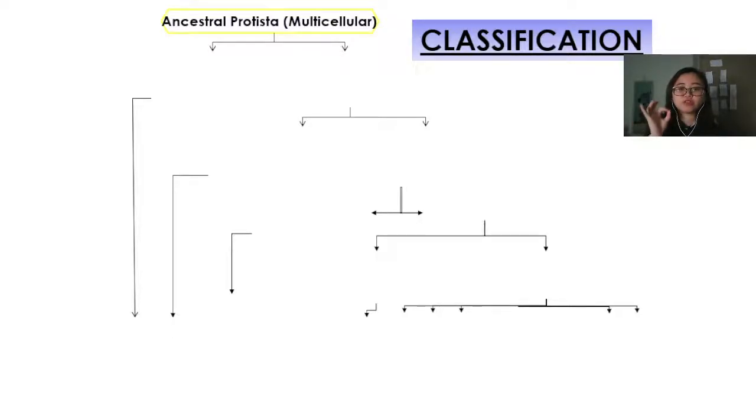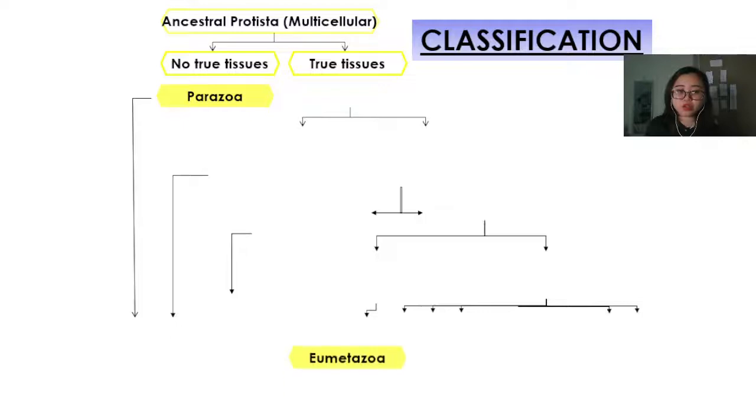So the very first animal was a protist that eventually became multicellular, and over millions of years of evolution, it's going to divide into 2 types of animals, which is animals with no true tissue and animals with true tissue. Animals with no true tissue are classified under Parazoa. With true tissues, we classify it under Eumetazoa.